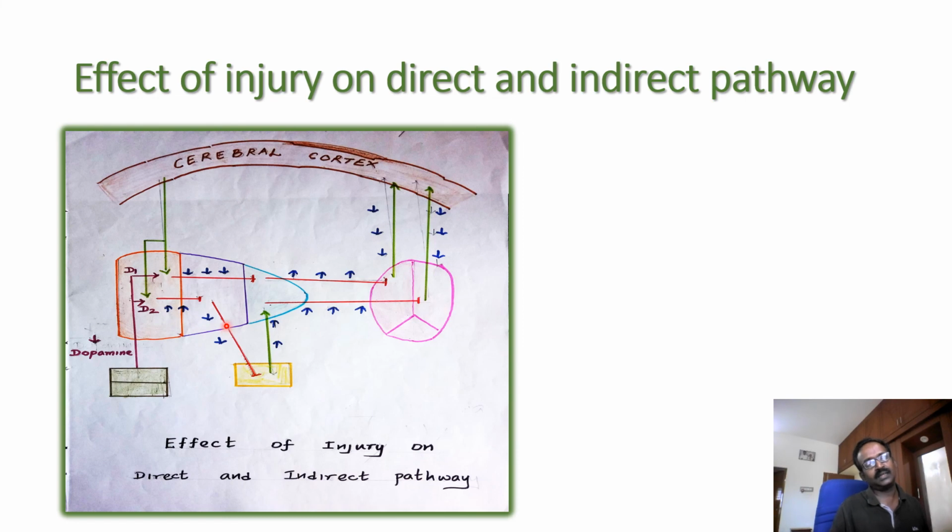Another thing is GABA neuron damage, in the GABAergic neurons in the striatopallidal fibers. Damage to the striatopallidal fibers produces another disease called Huntington disease. We will discuss Parkinsonism and Huntington disease separately in another video.